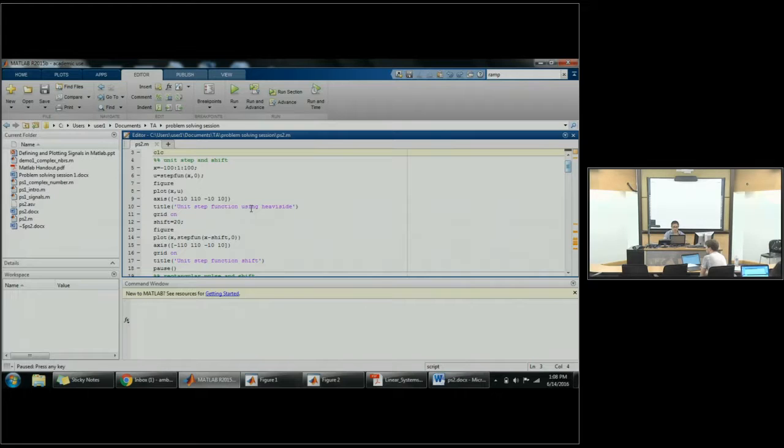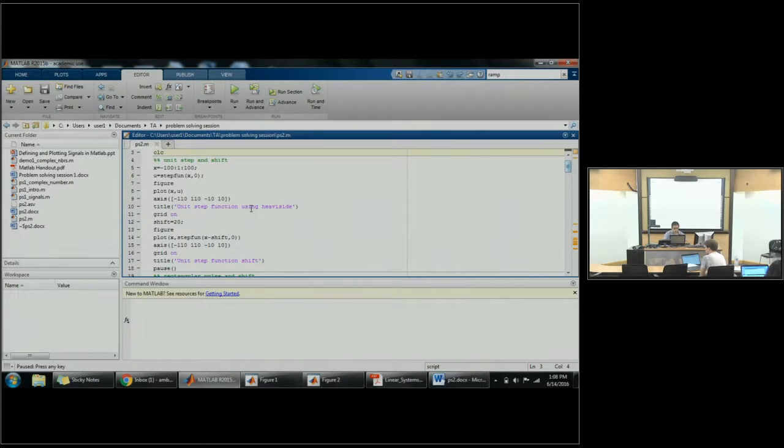So it starts from minus 100, increments by 1 every time, and ends at 100. Then step1 is my unit step function. It's centered at 0. So first argument is x, which is your time axis values, and the second argument is where it is supposed to be centered. So you can shift it from here directly. Then figure and plotting as I had shown last time.